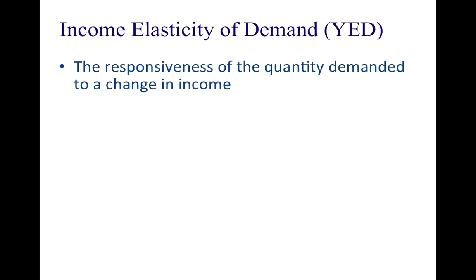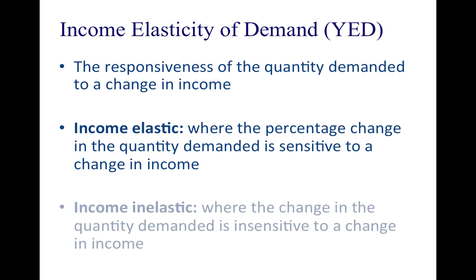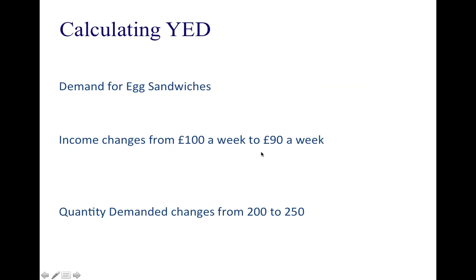So exactly the same as PED, except rather than looking at price, we're looking at income. And we can also tell if something's income elastic or income inelastic. Income elastic is where the quantity demanded is sensitive to a change in income, and income inelastic is where quantity demanded is insensitive to a change in income. So exactly the same equation, except instead of price, we have income.